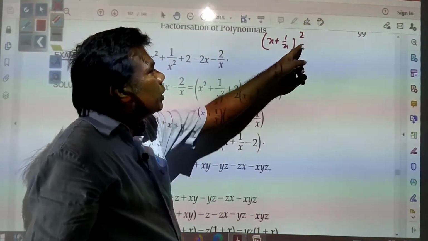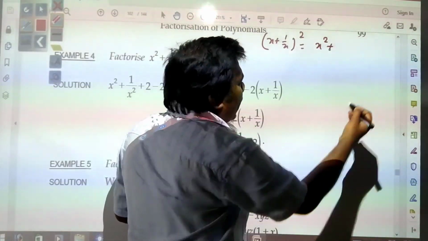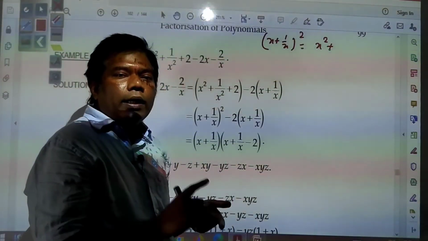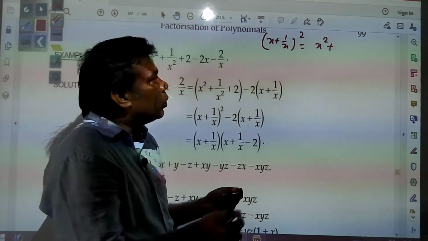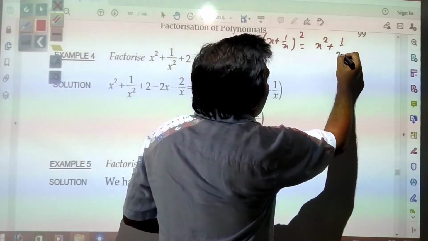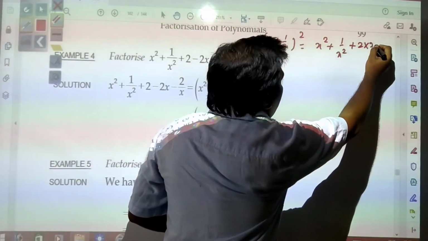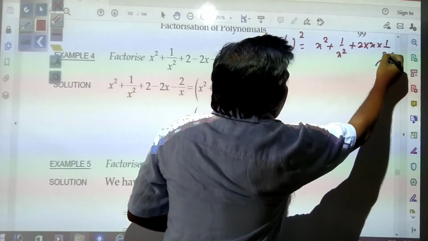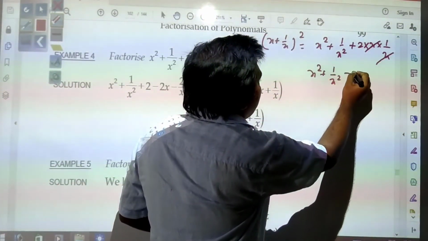A plus b whole square means a square plus 2ab plus b square, or a square plus b square plus 2ab. So 1 by x square plus 2 into ab, a into b. So this will be cancelled.